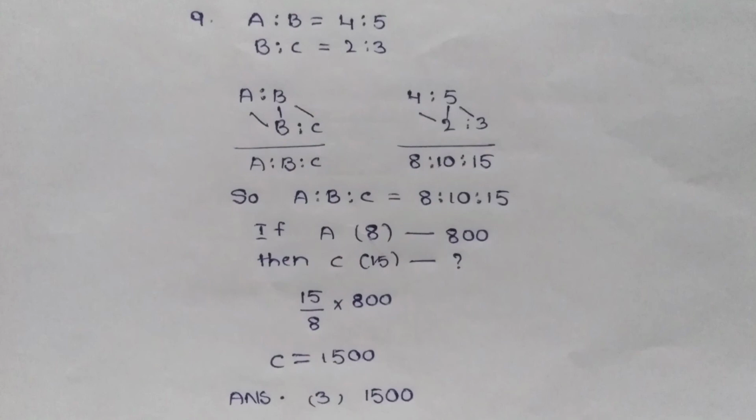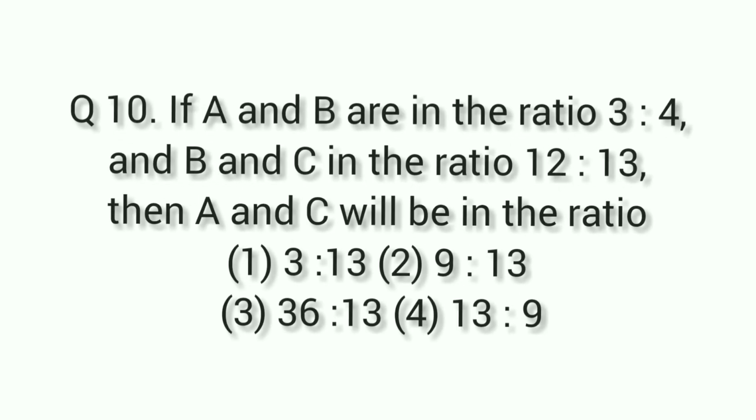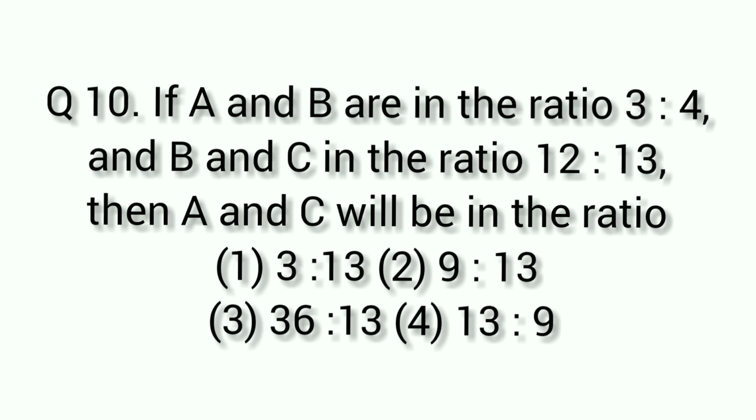Now coming to the last and final question, that is the 10th question. Here the question is, if A and B are in the ratio 3 is to 4 and B and C are in the ratio 12 is to 13, then A and C will be in the ratio?